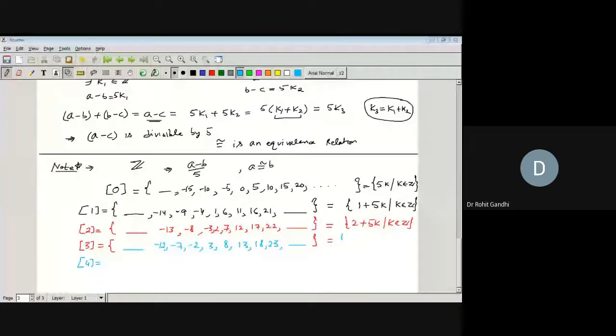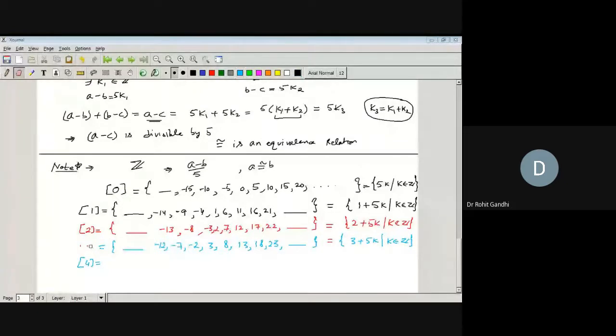So in general, what we can write is 3 plus 5k, where k belongs to integers. I will change the color of this also. So this is what I will get: the equivalence class of 3.